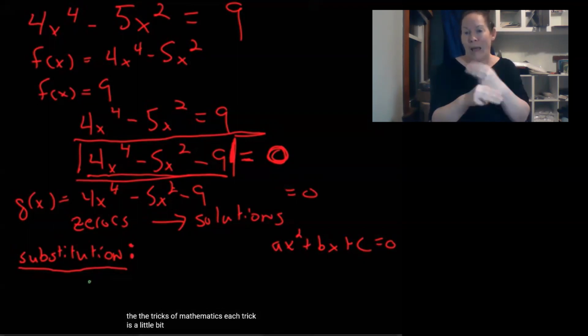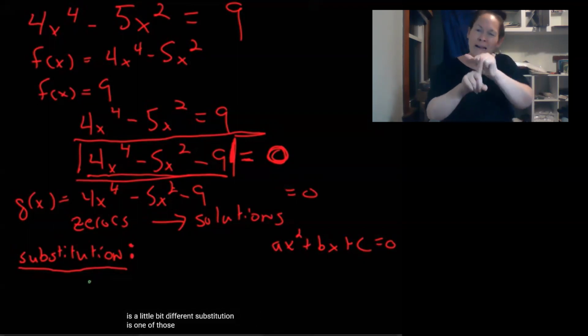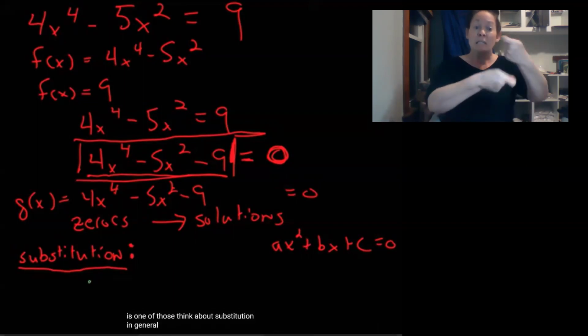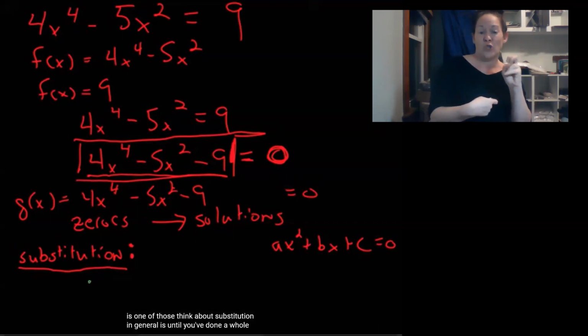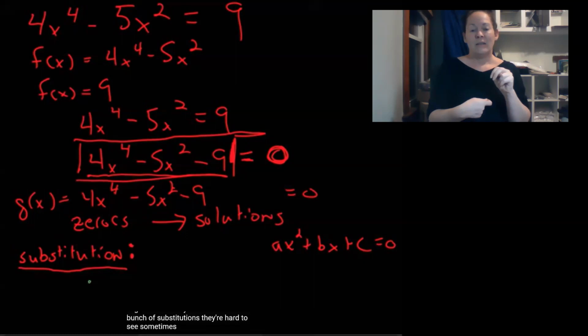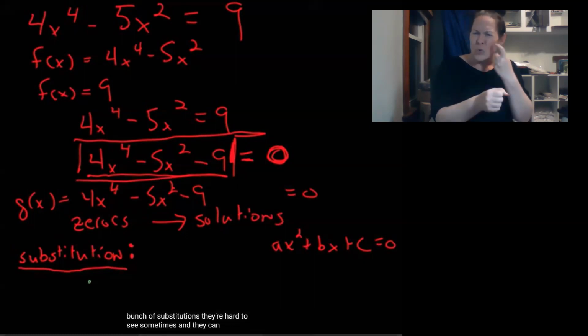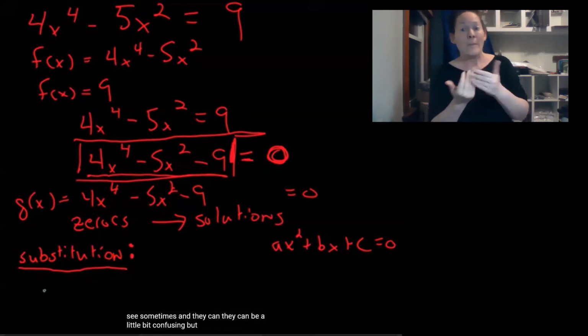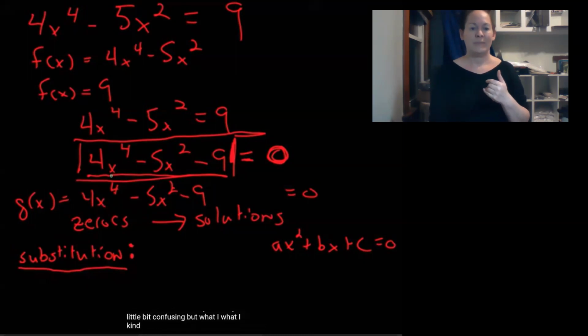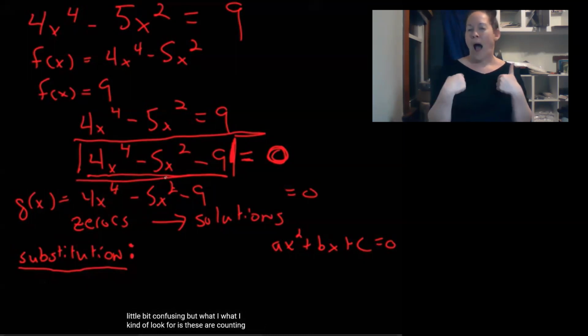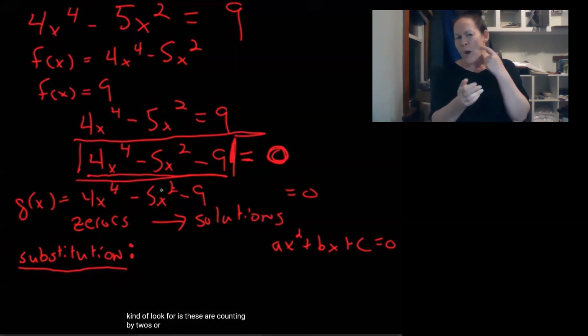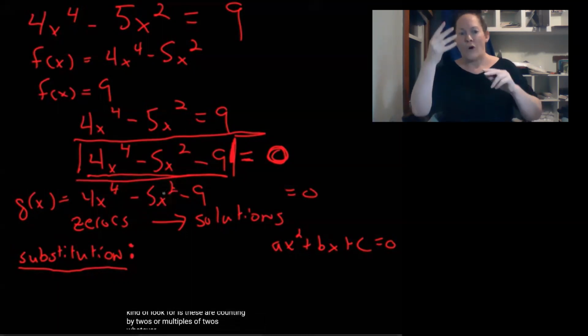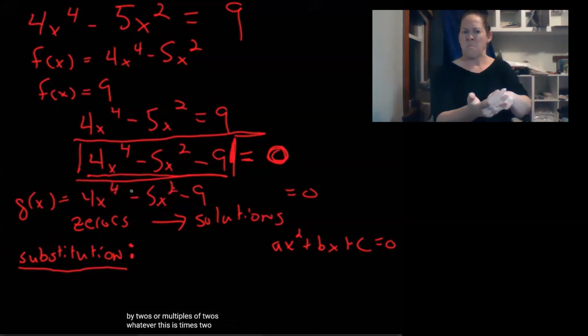Each trick is a little bit different. Substitution is one of those. The thing about substitution in general is until you've done a whole bunch of substitutions, they're hard to see sometimes, and they can be a little bit confusing. But what I kind of look for is these are counting by 2's or multiples of 2's. Whatever this is times 2.